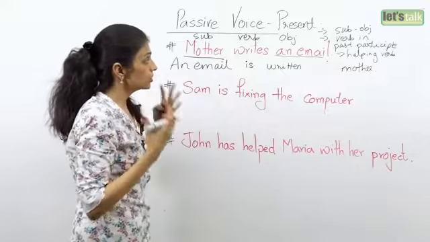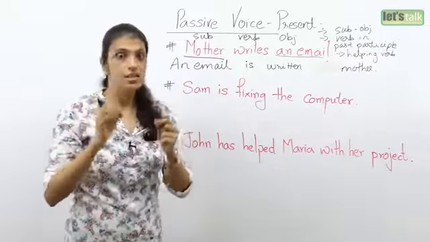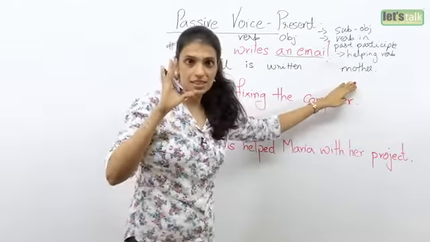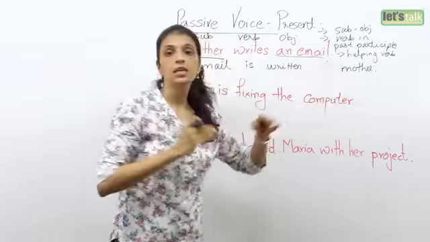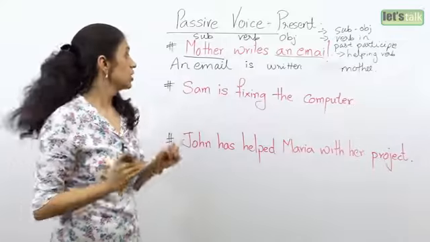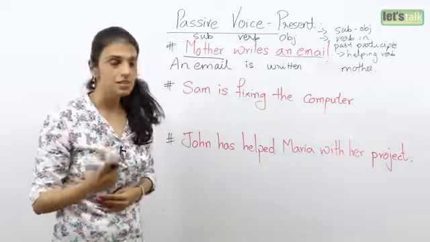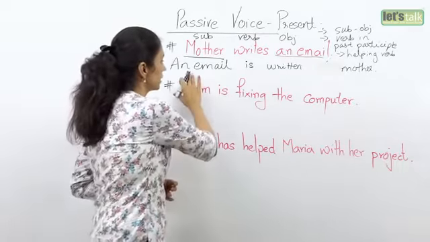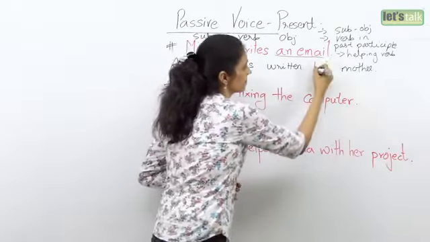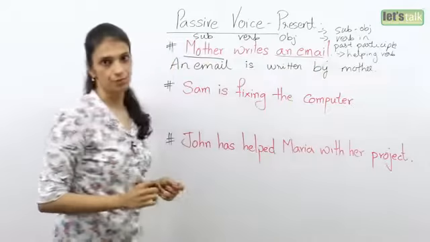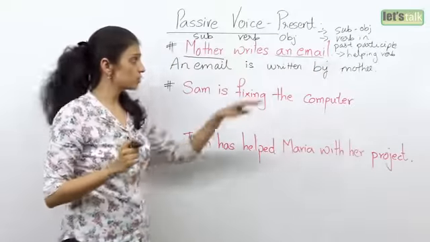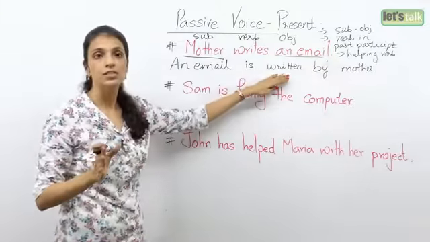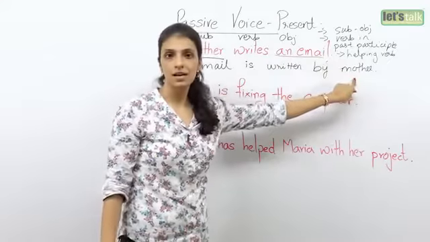Mother doesn't make sense. So if I want to still maintain the doer of the subject, in this case it is the mother, even though I make it a passive voice, the doer of the action should not change. So to complete the sentence, I'm going to write, an email is written by mother. Well, if you ask the question, who has written it, you will still get the answer, mother.